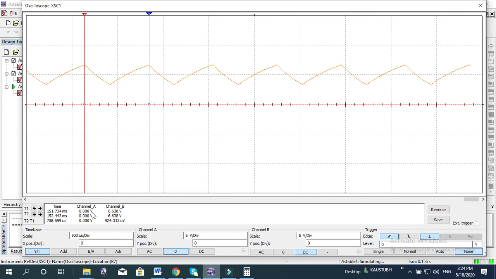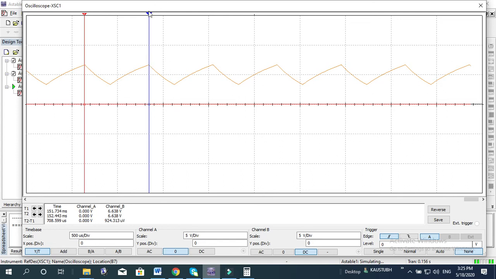So it is 6.638 volt. I have given VCC as 10 volt, so 2/3 of 10 is 6.67, and it is coming out 6.63.